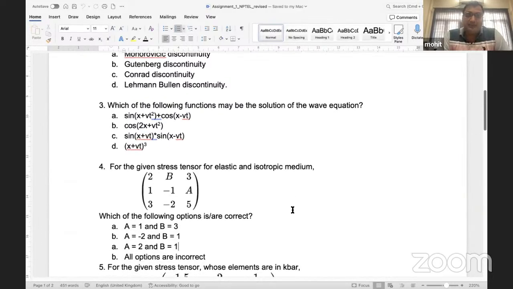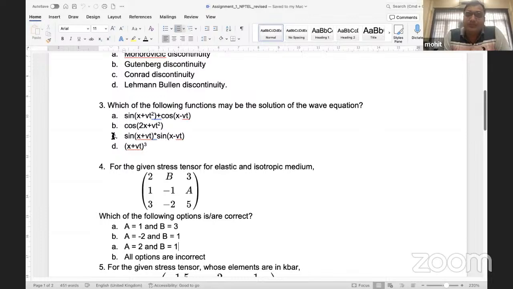Question number three: which of the following functions may be the solution of the wave equation? If you remember, in lecture one of module one, I explained the wave equation for a wave traveling in a string, and we also found the solution for that wave equation.